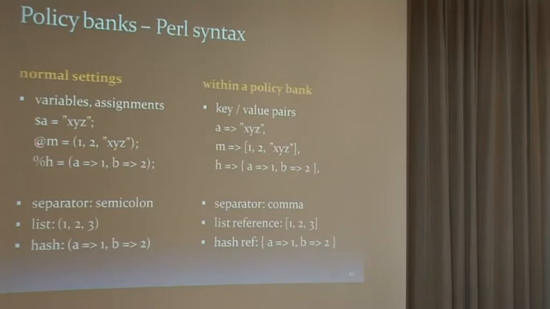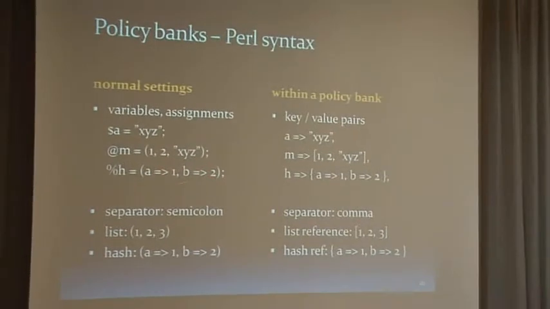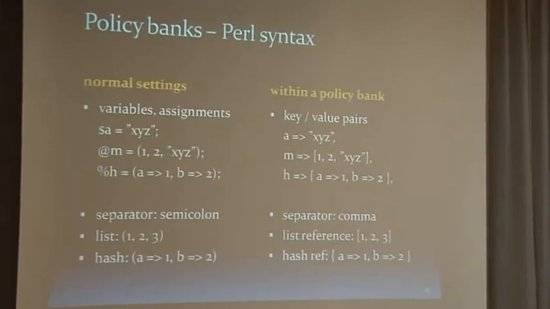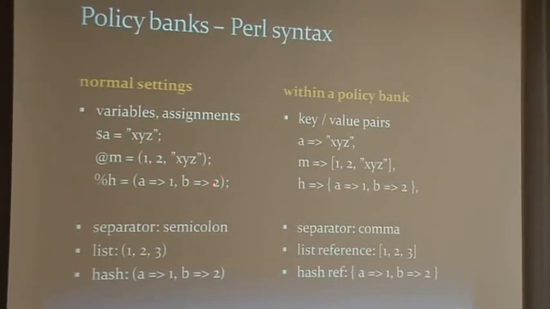And in this case you have a list, assignment, parenthesis, list. Okay, and this is a hash, which is an associative array. This is the Perl syntax, the key and its value, a new key and the value.